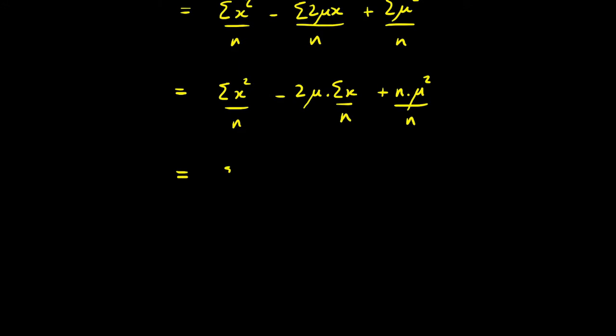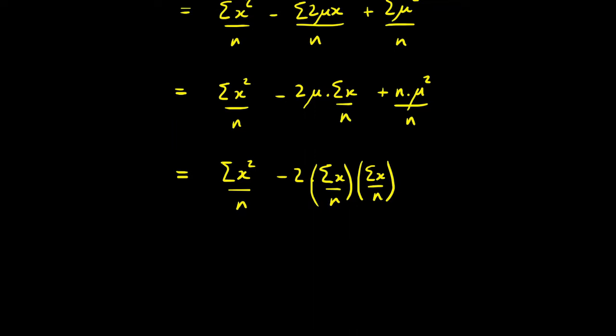How is it going to simplify? Well, we previously defined the mean, that is mu, as being sigma x upon n. So I can replace this mu here with sigma x upon n, sigma x upon n times sigma x upon n. In other words, I've replaced that mu there with that thing there.